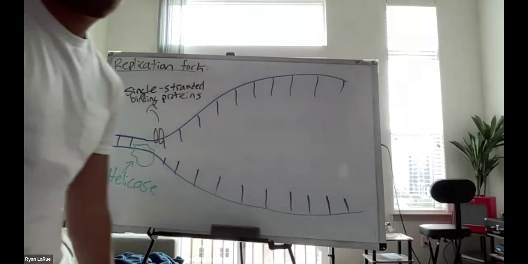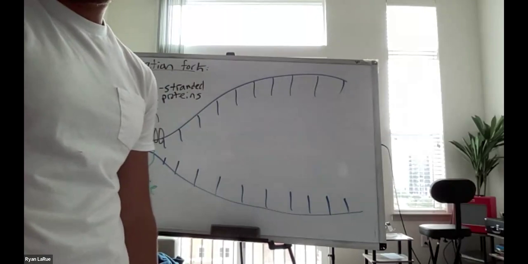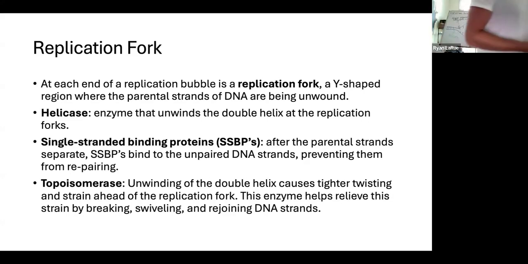And then there's one more funky enzyme that's doing a weird job. It's called topoisomerase. I don't have a rubber band with me. I need to get one to demonstrate this, but there's this phenomenon called supercoiling.